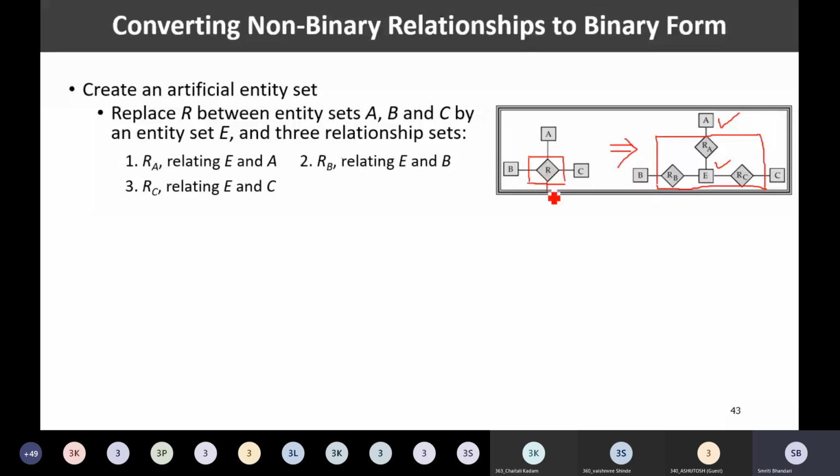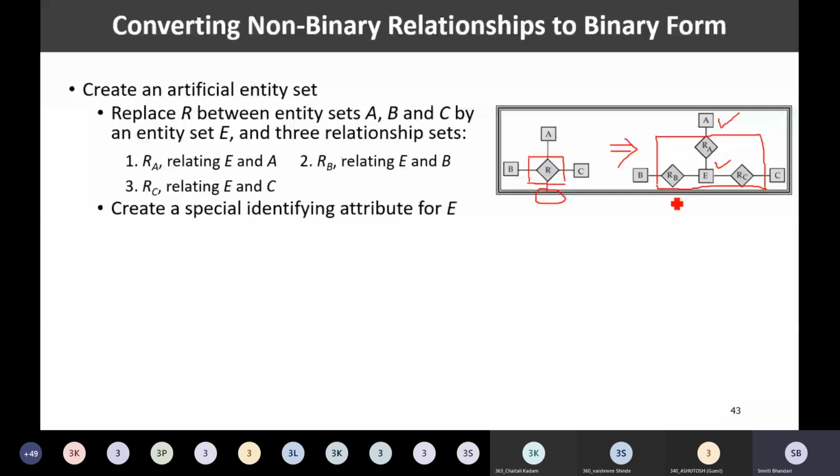And it may happen that I am having some descriptive attribute also for R. So that is what I am storing in this relationship set R. Now, if this ternary relationship gets converted into this form, then obviously whatever data I was about to store in R with respect to these three entity sets A, B, C, I also need to think of how that data can now be stored in this design.